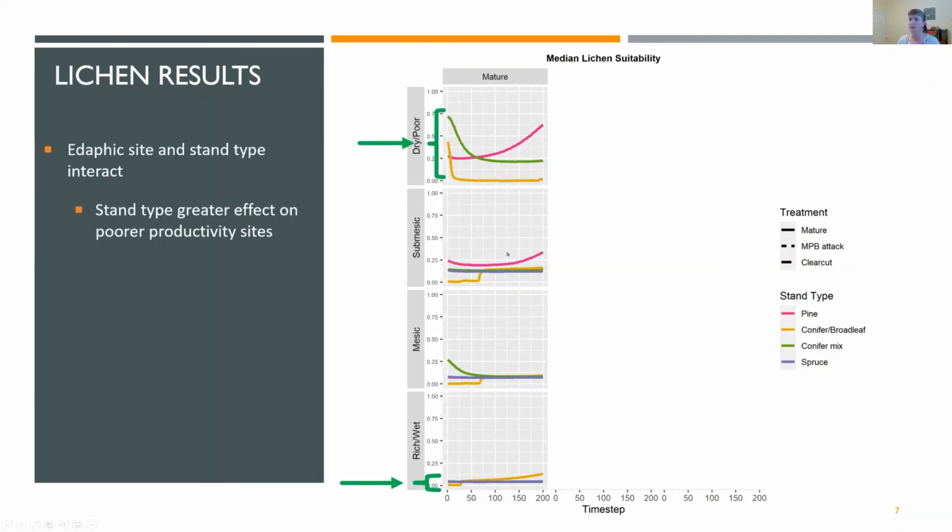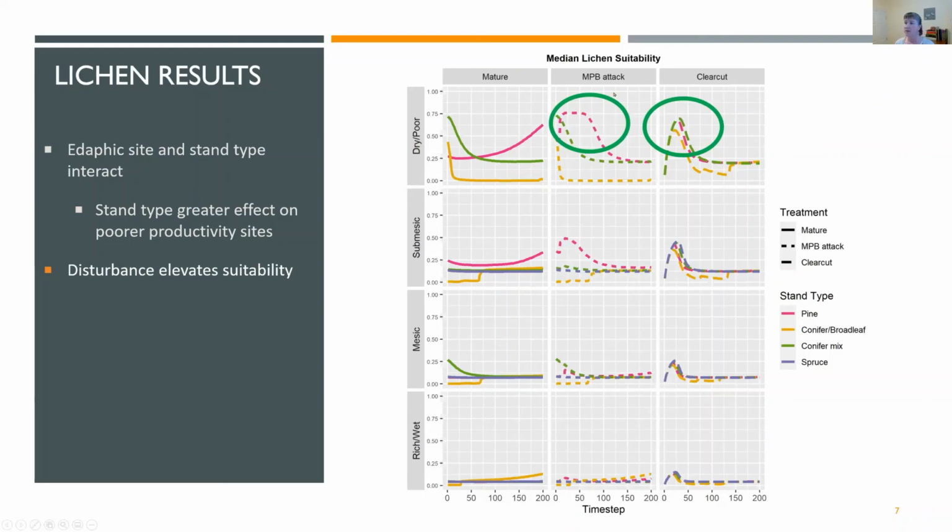As we walk through it, we see that edaphic site and stand type interact. As you'd expect on your rich, wet sites, it doesn't matter what stand type you have, there's low suitability for lichen. But as sites become drier and poorer, there's a greater influence of stand type. You can see broadleaf stands provide poor suitability for lichen regardless of site productivity, but the pine stands increase in suitability over time.